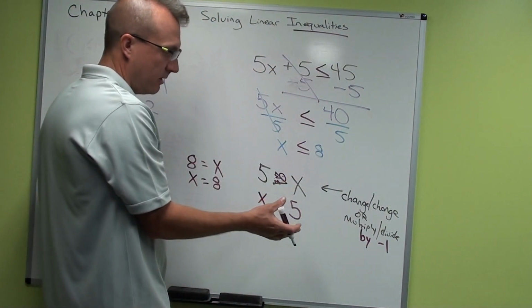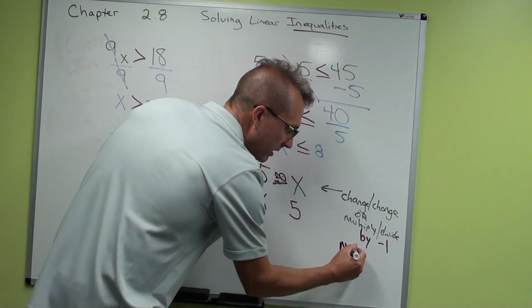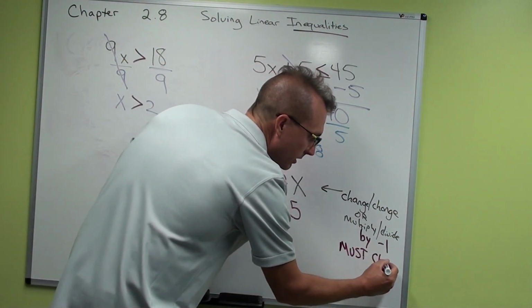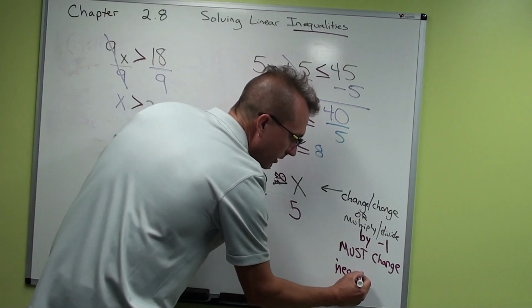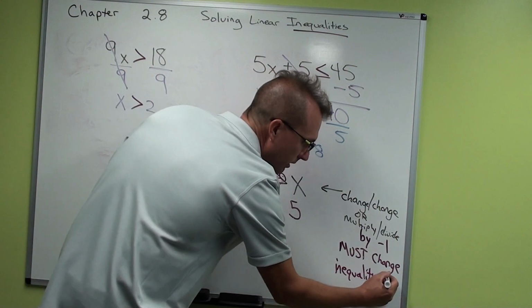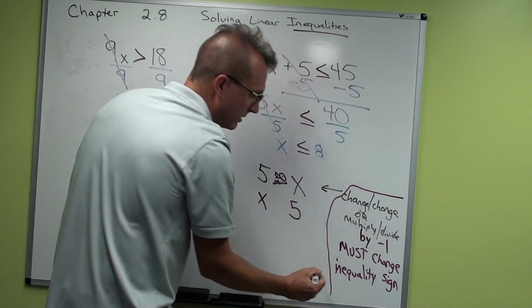When you multiply or divide by that negative, you have to change the sign. You must change your inequality sign. Now, why am I telling you that so early?